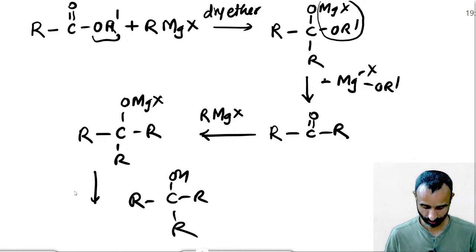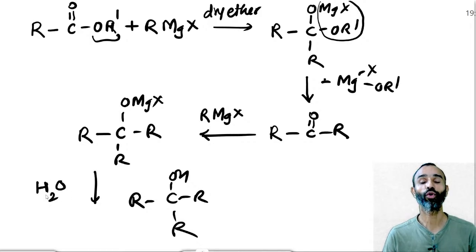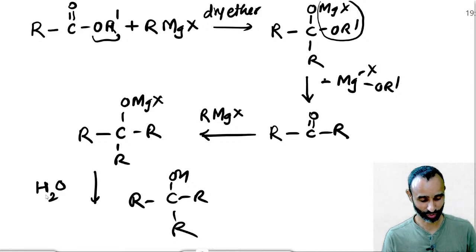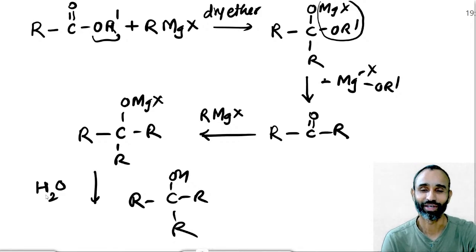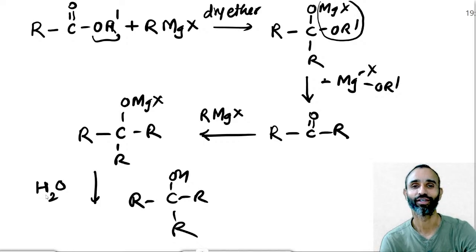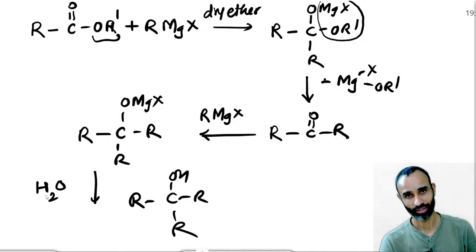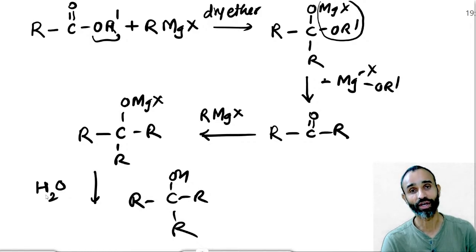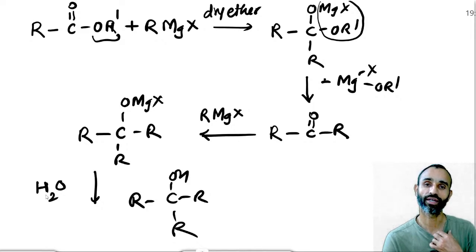So if we react carboxylic acid with 1 mole of Grignard reagent, can we get aldehyde? It cannot be stopped here. Even if it is in a limited amount, it cannot stop here, because the RMgX present will react further, and we get tertiary alcohol ultimately.